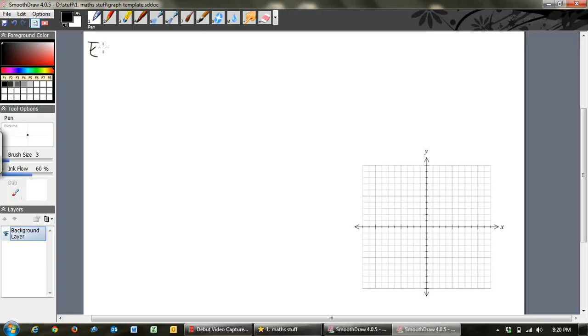So an example of this is, sketch y equals 2x minus 3. What I just said was that the equation of a line is y equals mx plus c. So let's write down what m is and what c is.